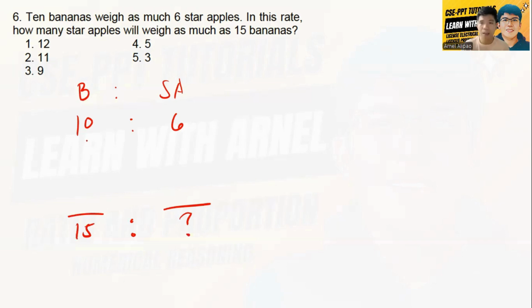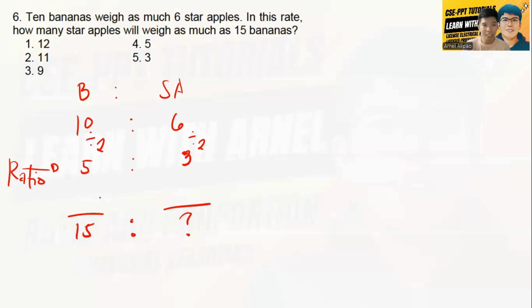We can divide this by 2, and also divide this by 2. So 10 divided by 2, we have 5. 6 divided by 2 is 3. So now this is our ratio. That is our ratio, 5 is to 3.